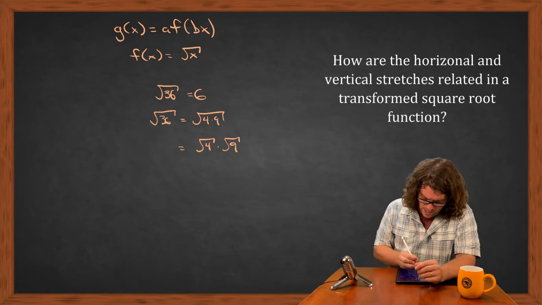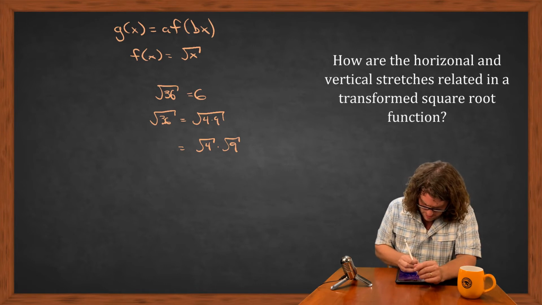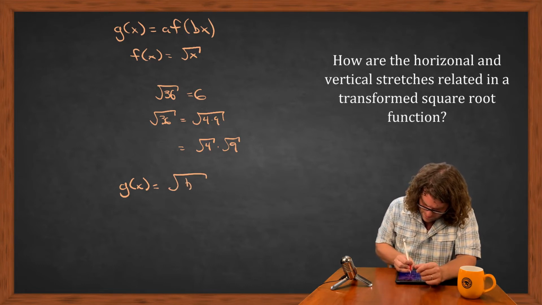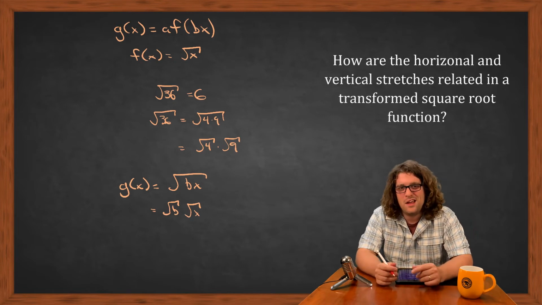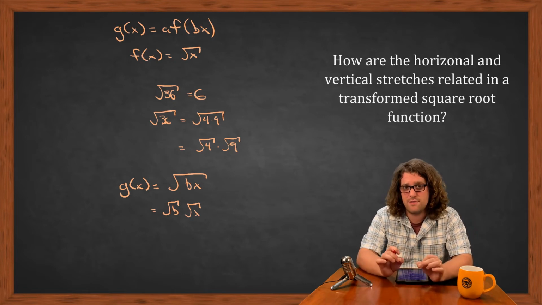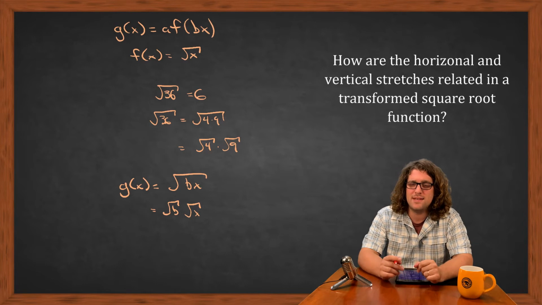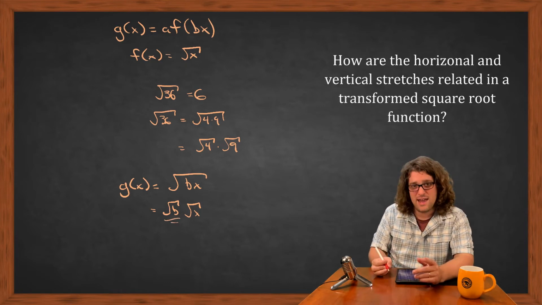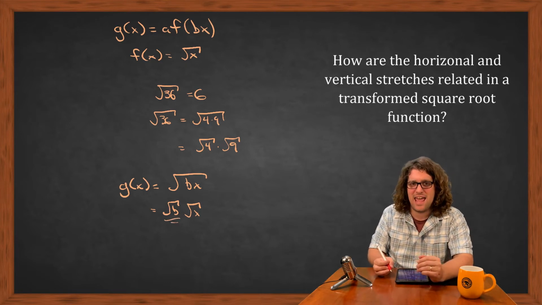So, if we were to use that generalized form, I was going to say f of bx, but let's just put square root of bx. That means we can rewrite that as the square root of b times the square root of x. Now, in this form where the square root of b is outside of the base square root function, root x, that is basically acting as an a value.